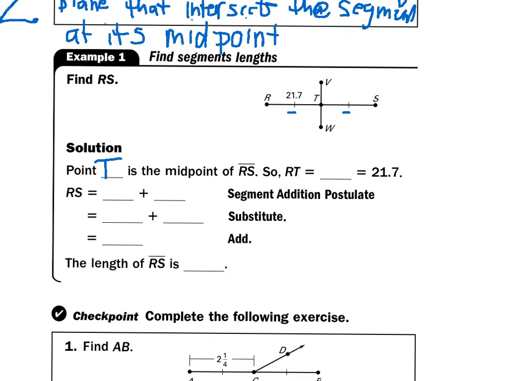So R to S is the segment R to T and T to S. And then we can put in 21.7. And then we also know that TS must be the same, so 21.7. So when we add these together, we will get 43.4. So length of R to S is 43.4.